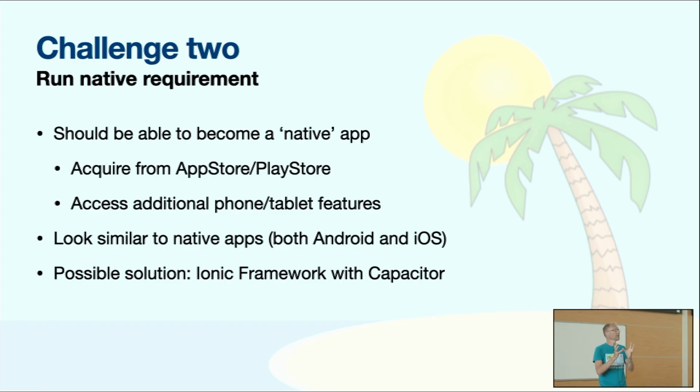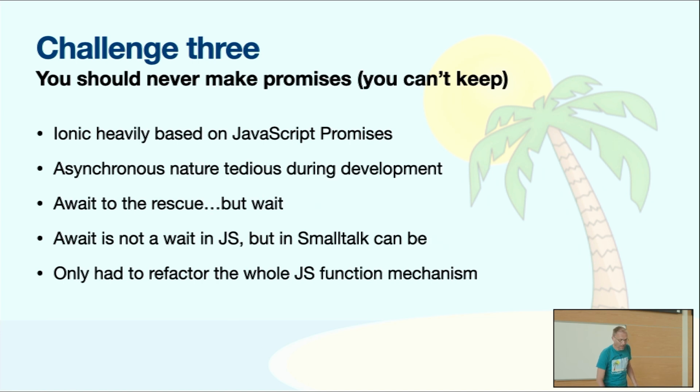It has a native container in which your web application is running, and the container offers the features from the native system into this sort of browser environment that you're running your application in. So that sounded like, okay, we got a possible solution for going native. But then a third challenge came about, which is the fact that Ionic is heavily based on promises.